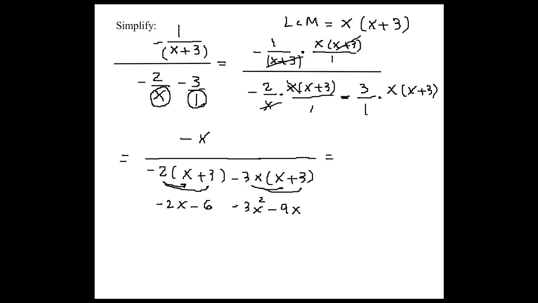Let's combine like terms here. Here we have a minus 3x to the power of 2 minus 11x minus 6. So we get at the bottom of the fraction minus 3x squared minus 11x minus 6.